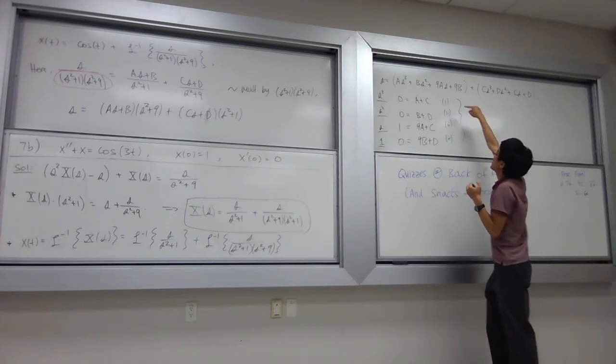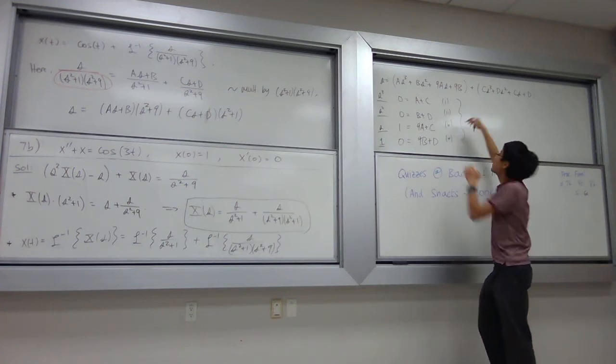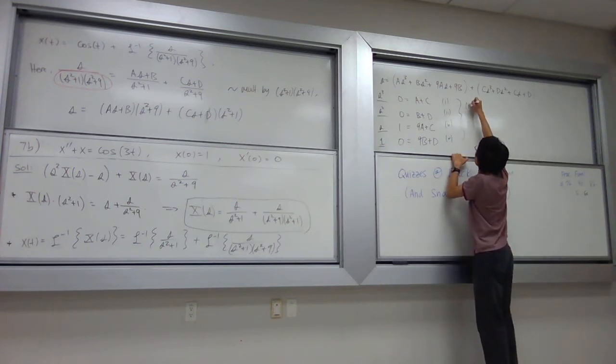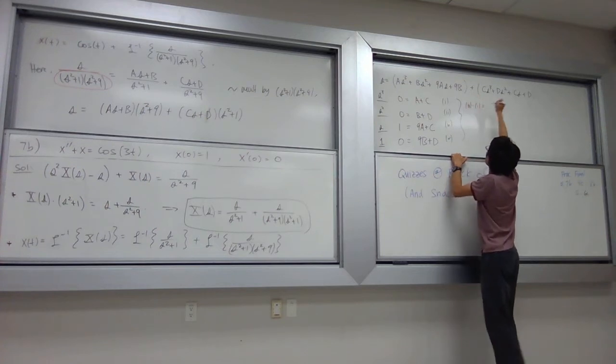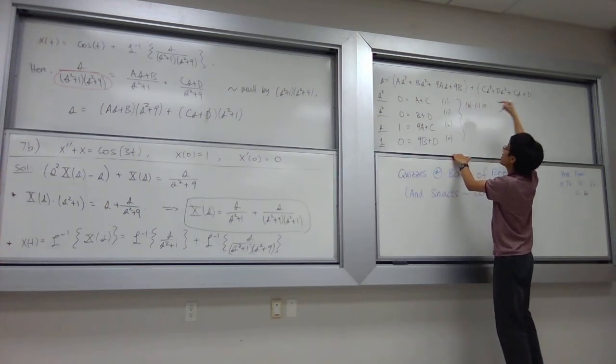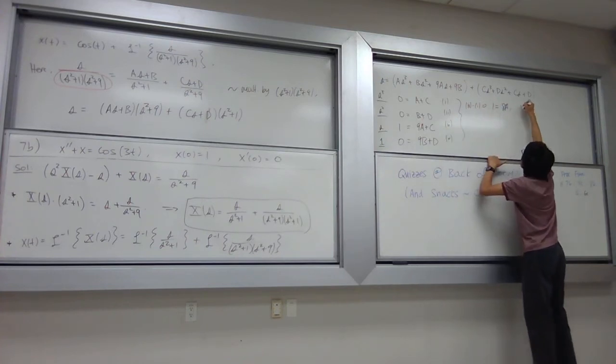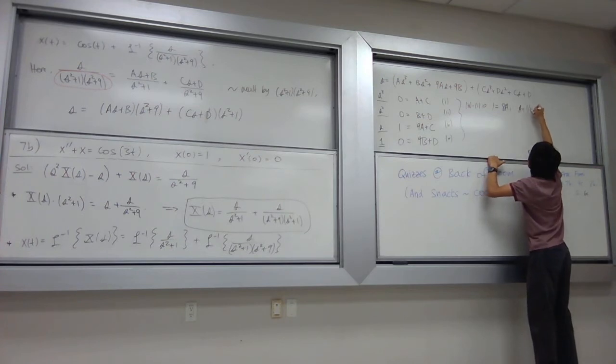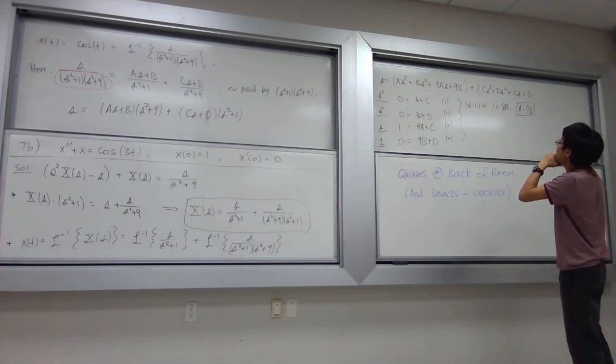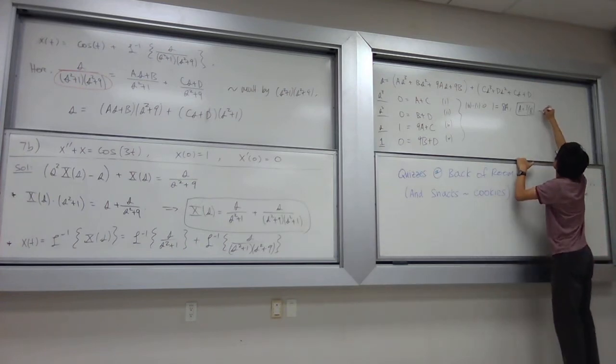Let's subtract 1 from 3. So 3 minus 1 tells us that 1 is still on the left, and then what's left on the right? 8a, so a is 1/8. If a is 1/8, well, c is -1/8.